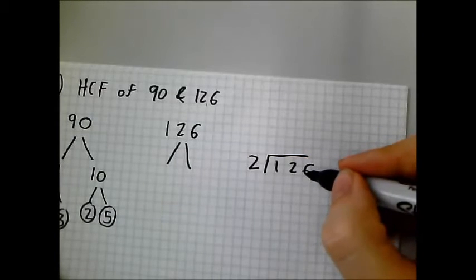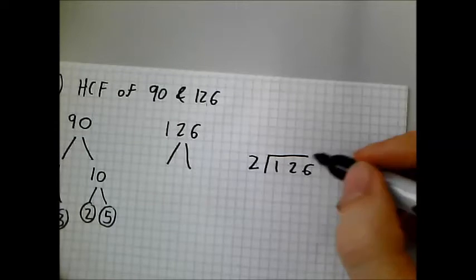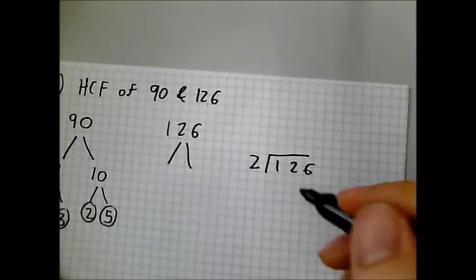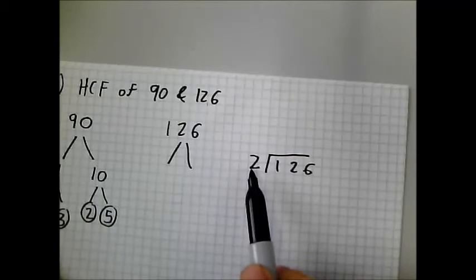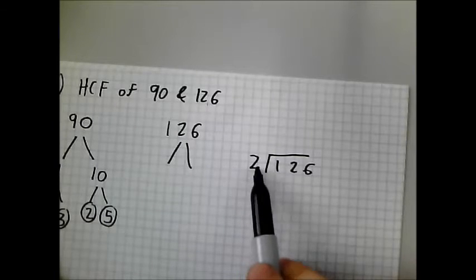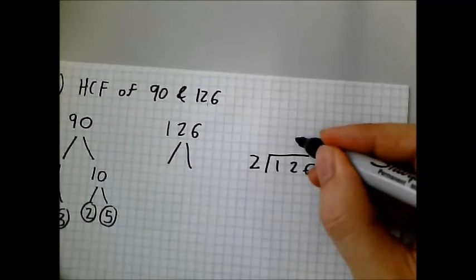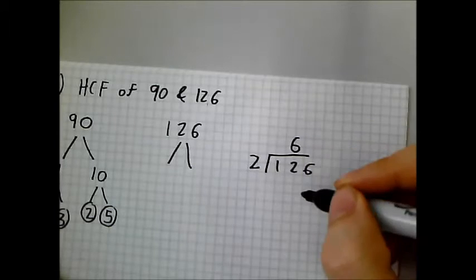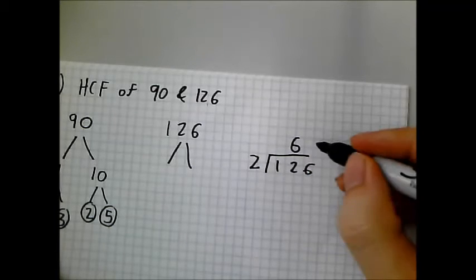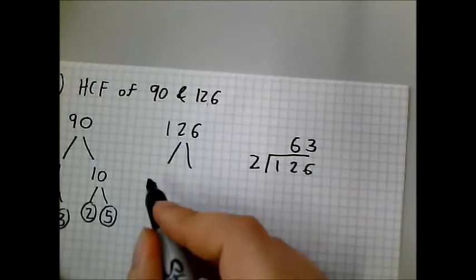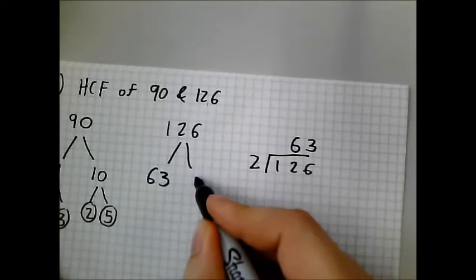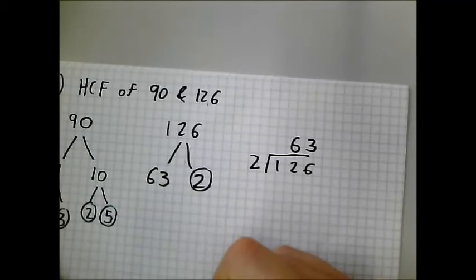Or you might just spot that the value is 63, but we'll do it anyway. 2 into 1 doesn't go. 2 into 12 goes 6 times with no remainder, and then 2 into 6 is 3. So 63 and 2. 2 is prime.